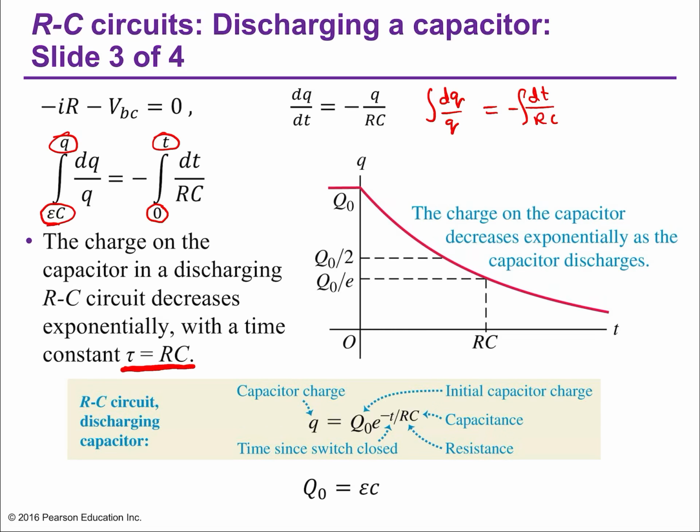You get V_C on the left hand side, which is equal to E multiplied by the exponential of minus t divided by RC. That tells you that the voltage across the capacitor follows exactly the same exponential function as the charge. So the voltage decreases with time exponentially, just like the charge.